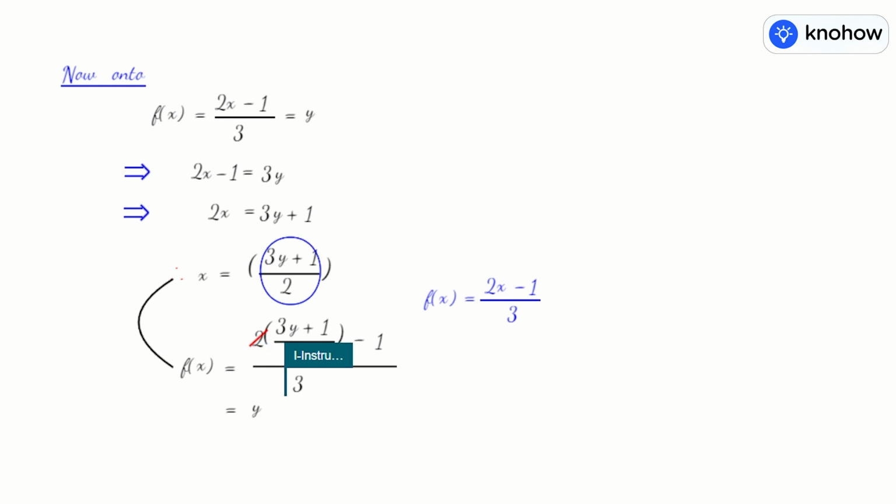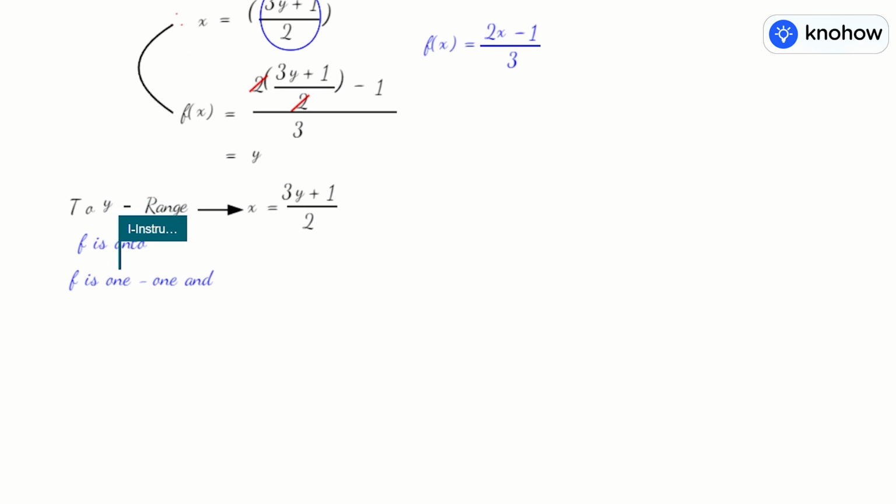So what do you find now? We find that to each value of y in the range of the function, we can get an x in the domain, where the value of x is (3y plus 1) by 2, such that f(x) is equal to y. So we can conclude, hence the function f is onto. So the given function f is one-one and onto, so f is invertible.